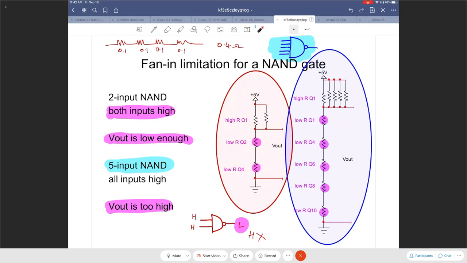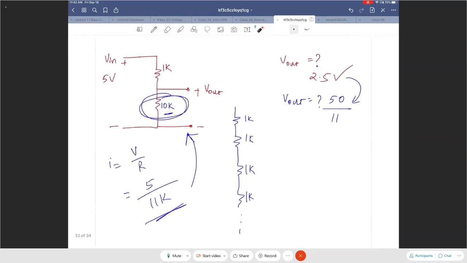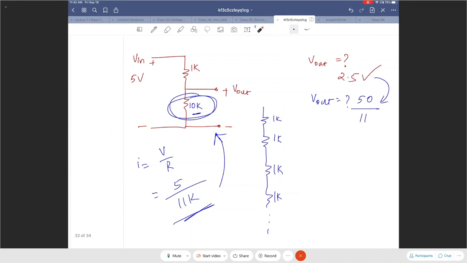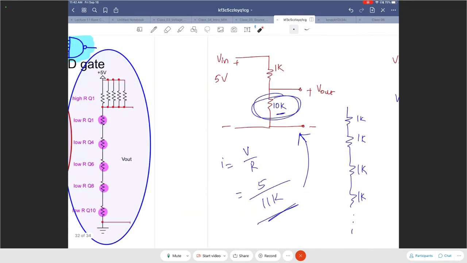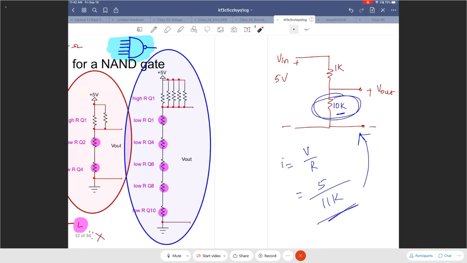V out is R1 divided by R1 plus R2 times V in. That is for voltage across R1. Earlier we were measuring across R2. It doesn't matter, but I think you get the idea. It's an application of the voltage divider. Now let's talk about the fan out limitation for a NAND gate.